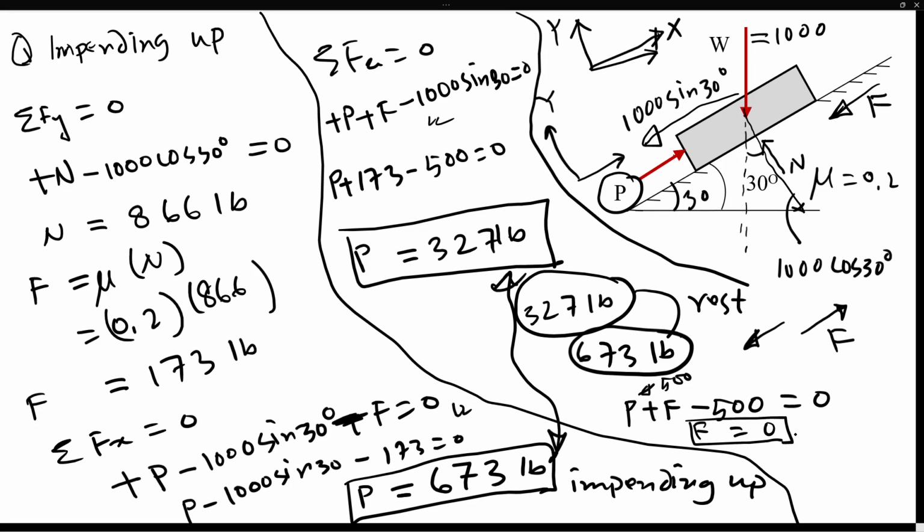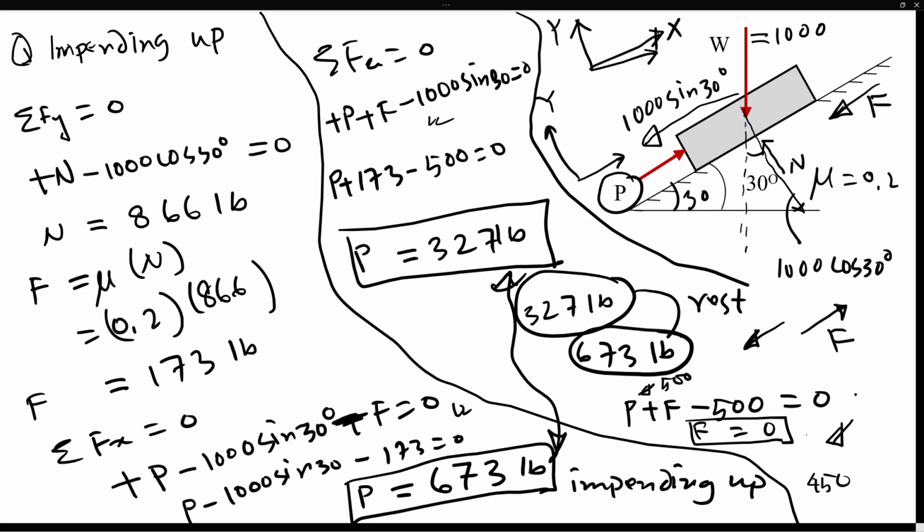What that means is, if we apply anything more than 500, it will impend in the upward direction. If you apply anything less than 500, it will start to impend in the downward direction. So if you apply 450, then it starts to slide down. Then the friction force direction is going to change accordingly.